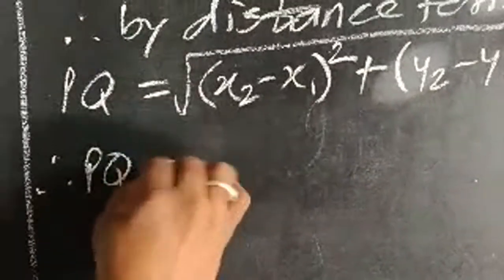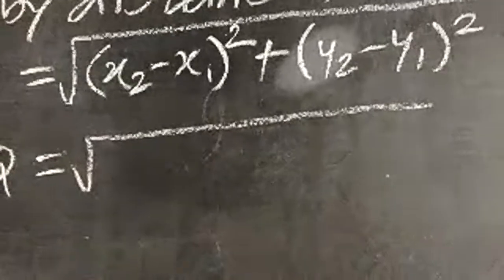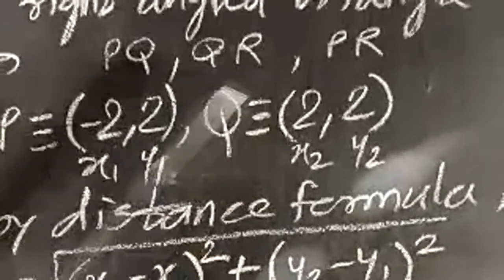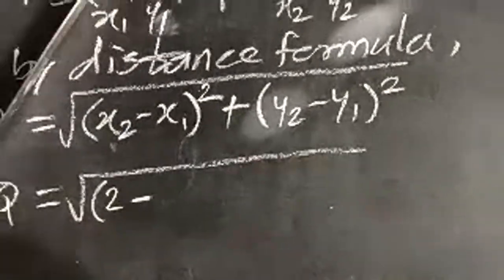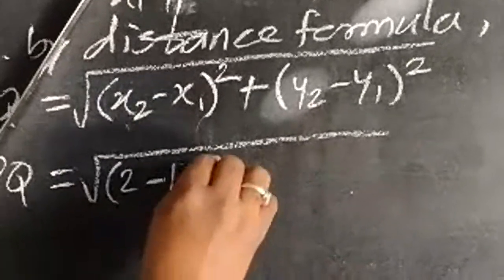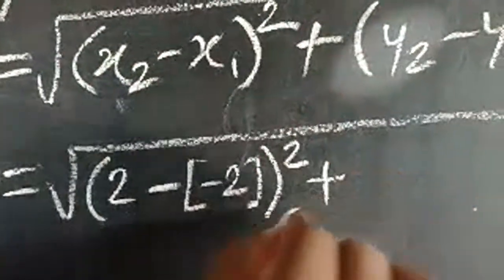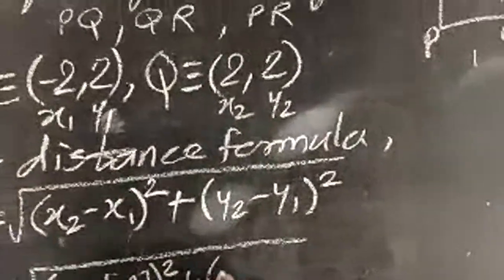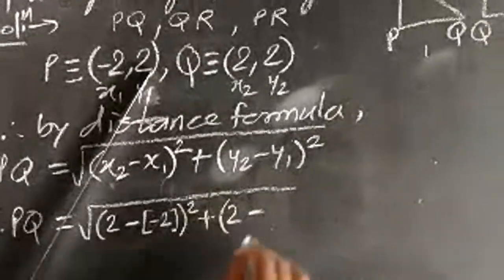Therefore, PQ is equal to square root of 2 minus, value of x2 is 2, good, minus (-2), value of x1 is -2. We write in bracket, square, plus 2 minus, value of y2 is 2, minus 2, value of y1 is 2.